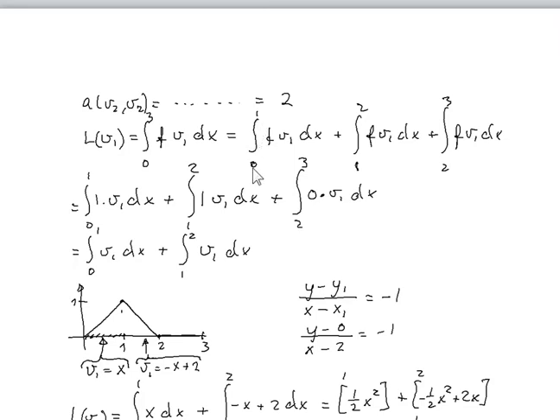And we know that in the first interval, f was equal to 1. In the second interval, f was also equal to 1, and in the third interval, f was equal to 0. So inserting this, we get that one integral vanishes, and we are left with these 2 integrals.